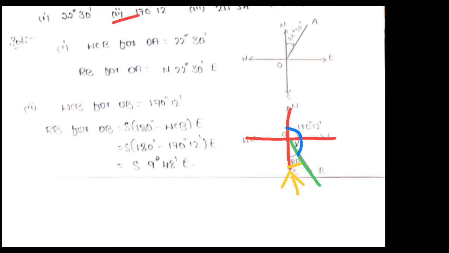This angle can be calculated either from the formulas given in the conversion table, or directly by observation itself. How? We already know this total angle is equal to 180 degrees.